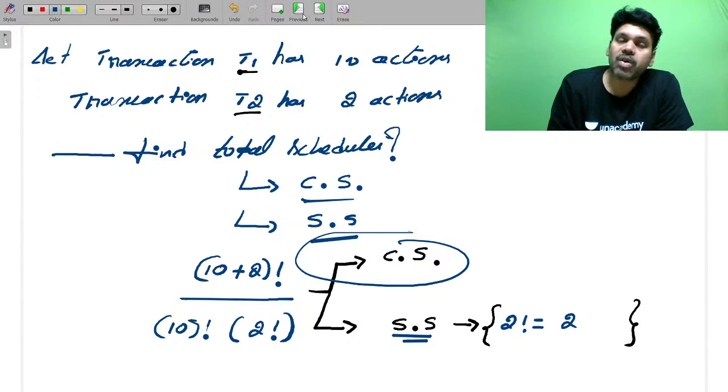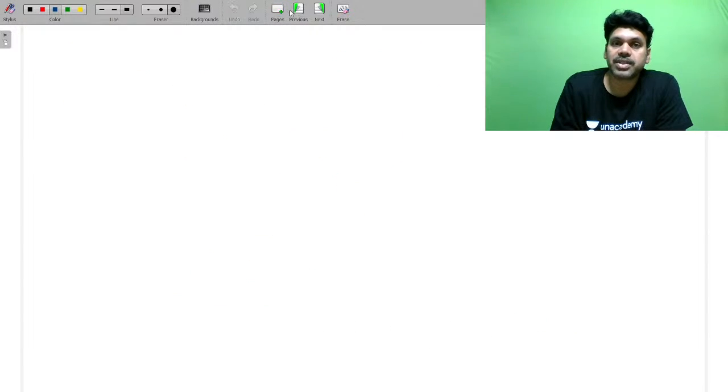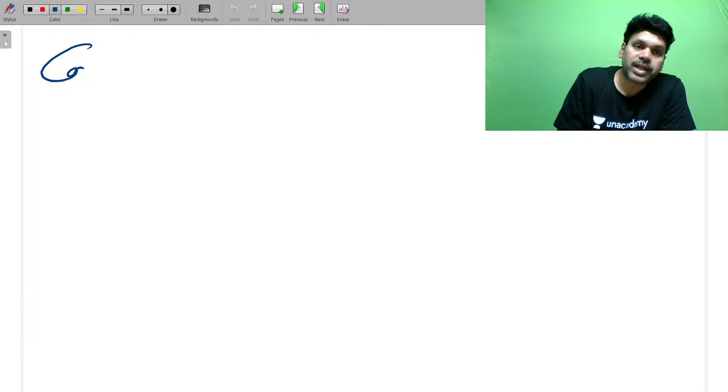And why are we calling it a concurrent schedule? We are calling it a concurrent schedule just by swapping actions. It has got the name concurrent execution because of swapping.